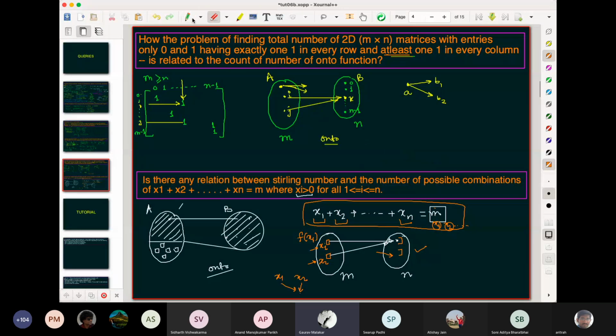Suppose all these values are given to us, for a certain combination, let's say 1 plus 2 plus 3 equal to 6. Then it will be like mC1 into (m minus 1)C2 into (m minus 3)C3? No. Even if the balls are identical, this problem is not solved this way. This is another thing.